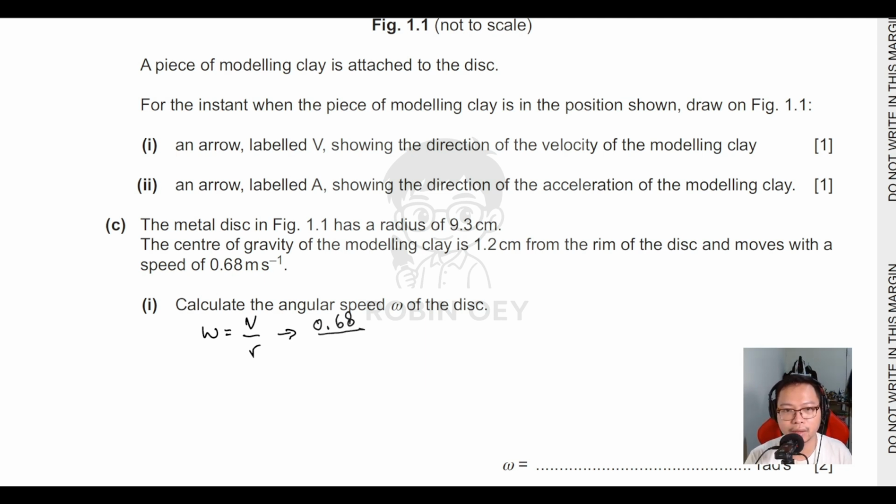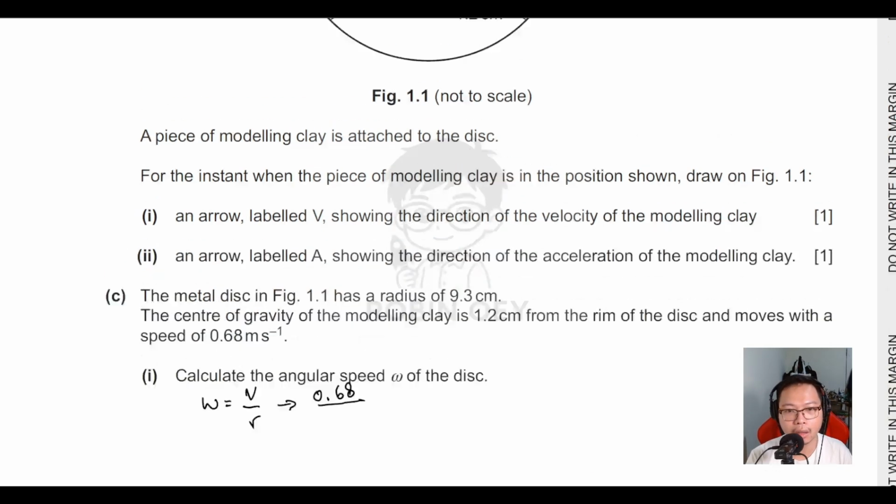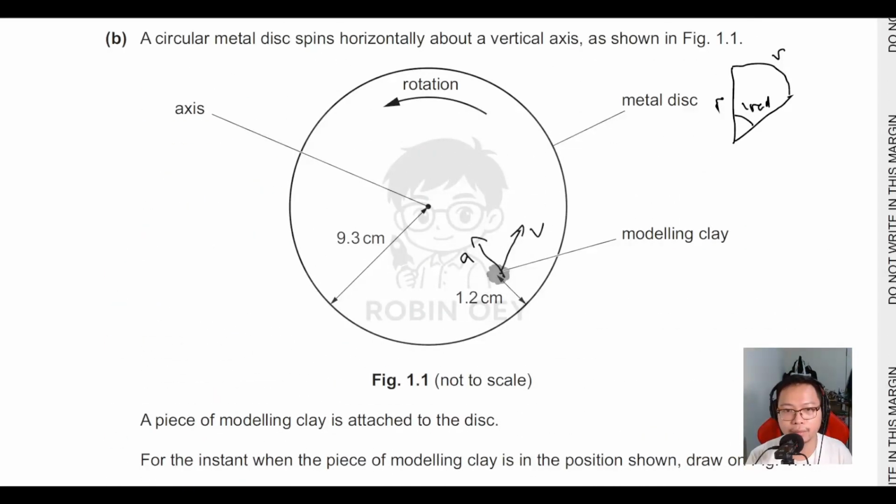Be careful, the radius. If you see here, the 9.3 is the radius of the rotation, and 1.2 is the distance between the object and the circumference of the circle. So the radius that we are looking for is this part. So don't get it wrong.